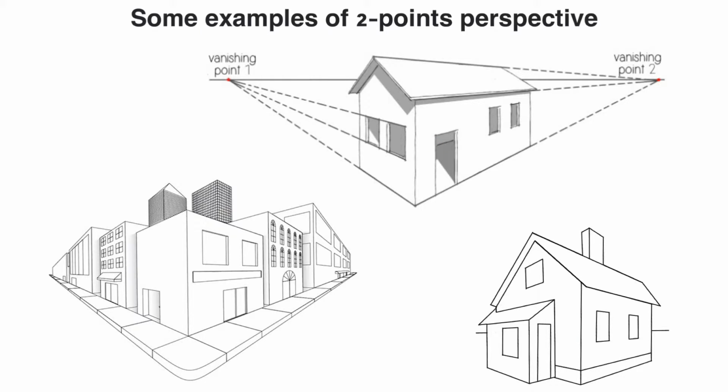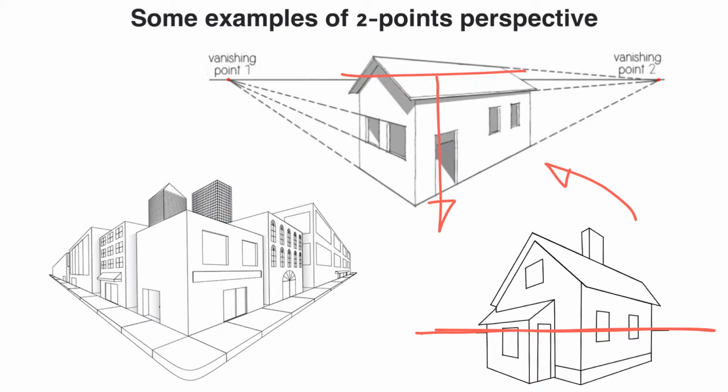Now, what you can probably see is that this house looks more centered compared to this house. This house seems to be placed a little bit lower, and if this is the intent of the 2-point perspective, or the intent of how you want to depict the house, then of course it is desirable.